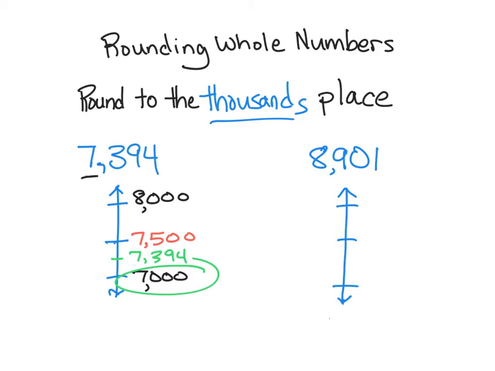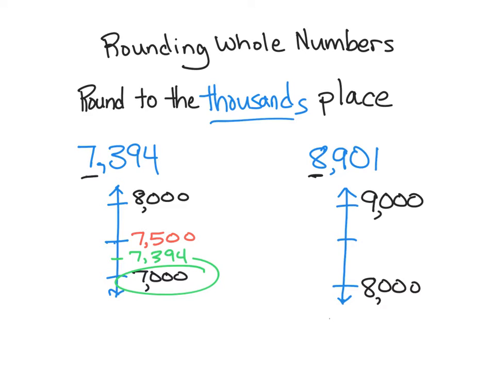Okay, in the next one, we see that the 8 is in the thousands place. So our low number is going to be 8,000. Our high number is going to be 1,000 more than that, which is 9,000.